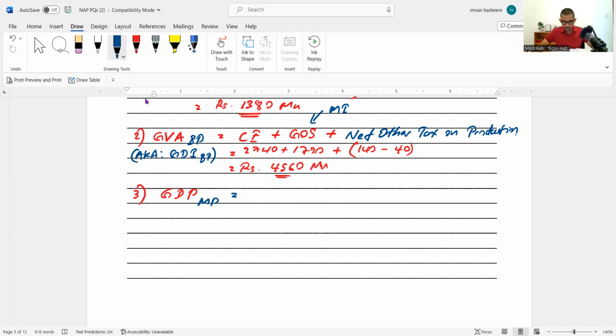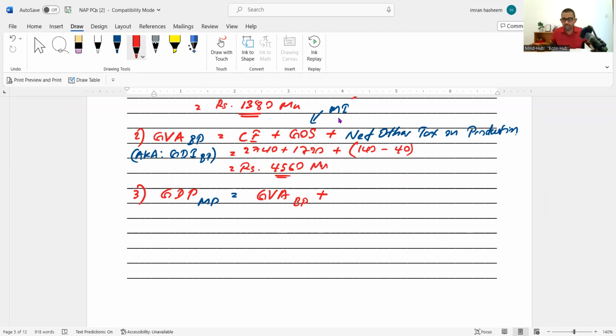GDP at market price. So we take GVA, okay, obviously at basic price is what we have, and what do we add? How do we go from basic price to market price? Forget income approach.